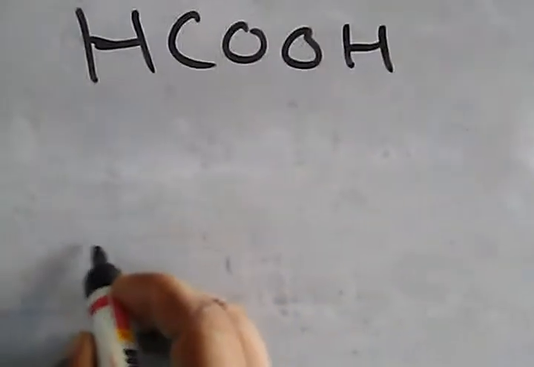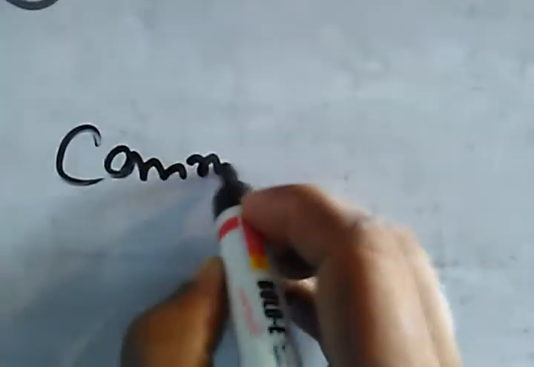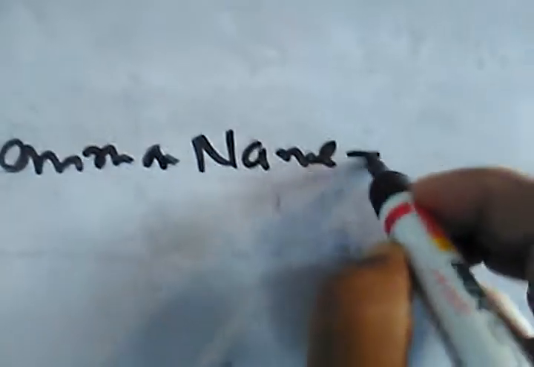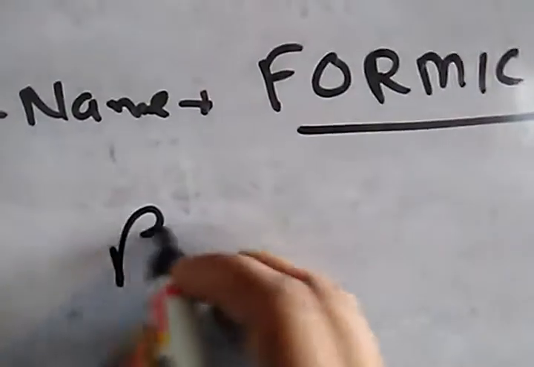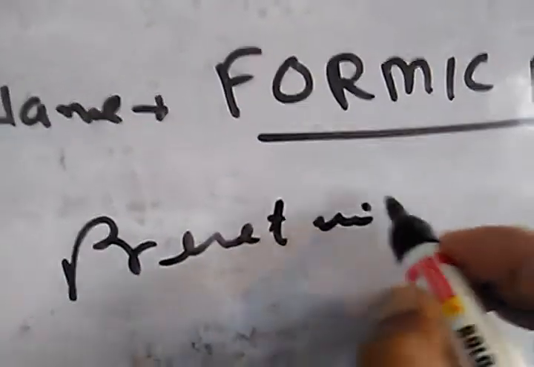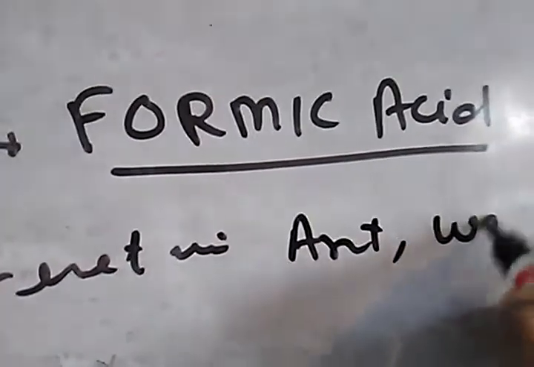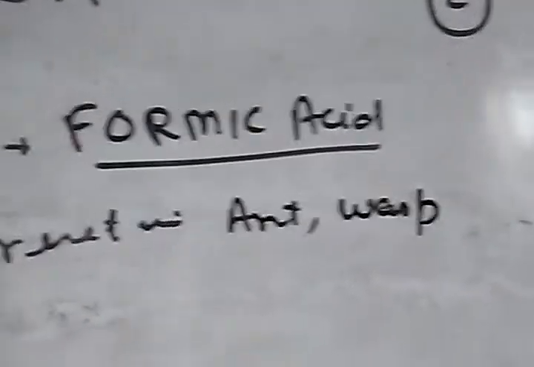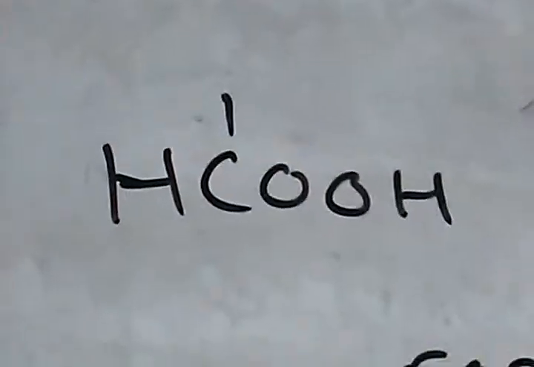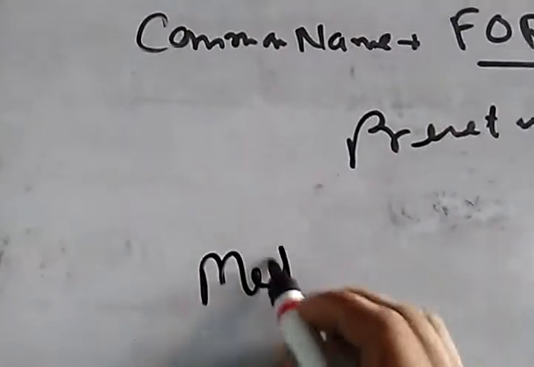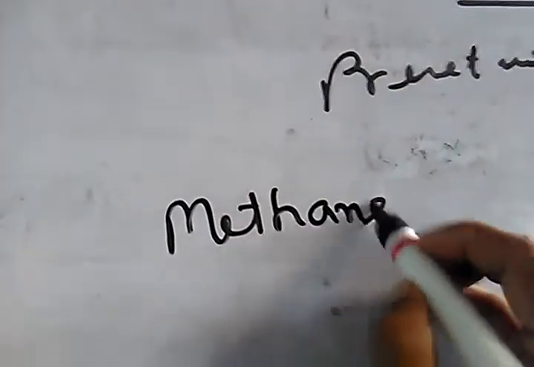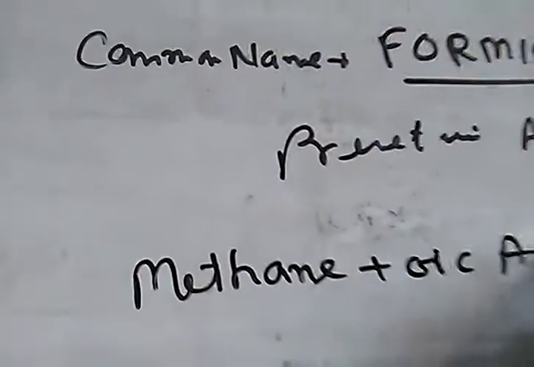HCOOH, its common name is formic acid. It is present in ant, wasp, etc. And its IUPAC name: one carbon atom, that's why prefix will be meth, methane plus oic acid.